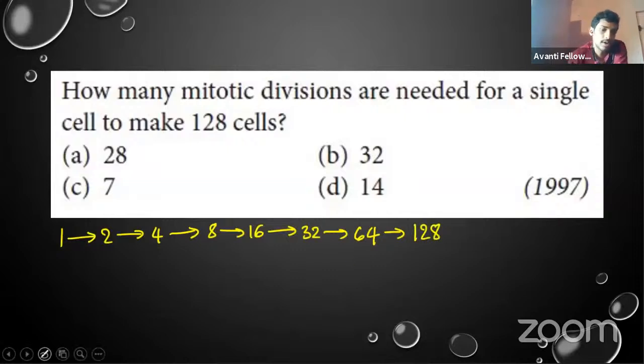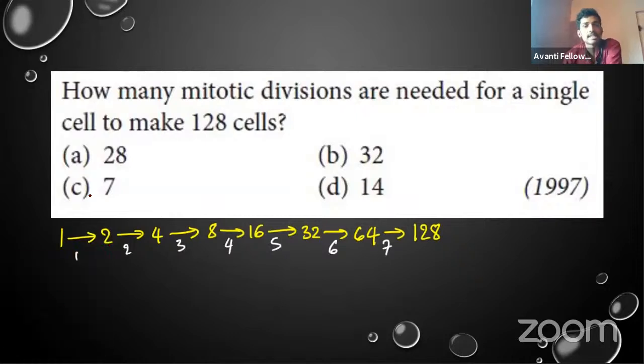Now we will count how many divisions happened. 1, 2, 3, 4, 5, 6, 7. Simple math, right? The correct answer is option C, 7 divisions. So 7 divisions are needed to create 128 cells from one single cell. So many people are correct.